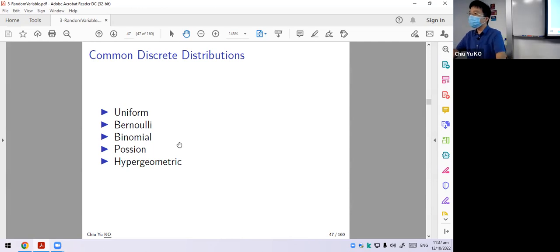There can be many outcomes, but when we talk about the random variable, then you just say either success or failure. And for Poisson, it's just asking how many events actually occur within a period of time, or how many customers come within a period of time.